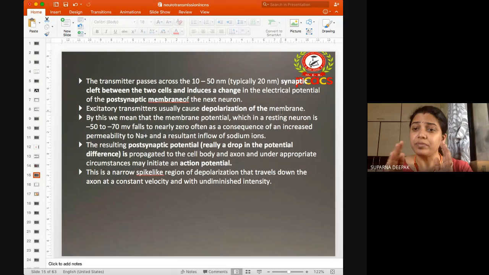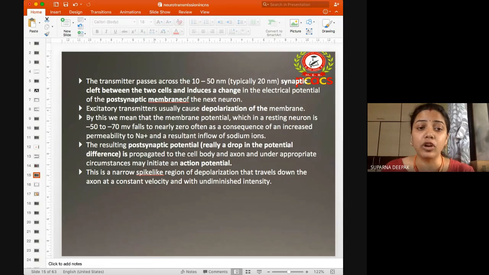It is becoming minus 100. That means it is becoming more polarized, right? That means it is giving a resistance to the passing of the impulse. Okay, so that is the role of your inhibitory neurotransmitters.